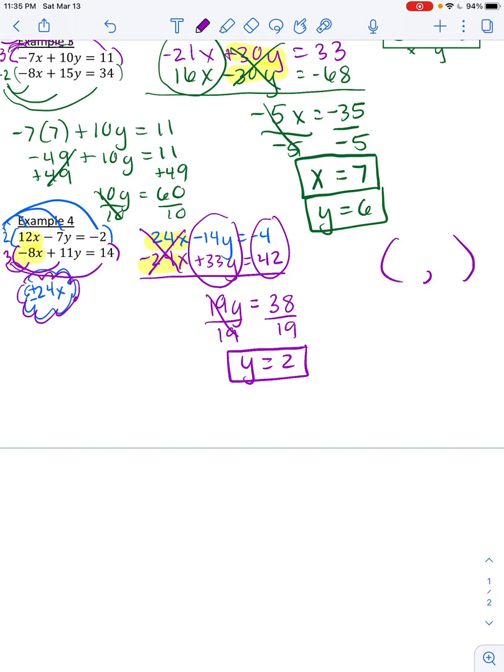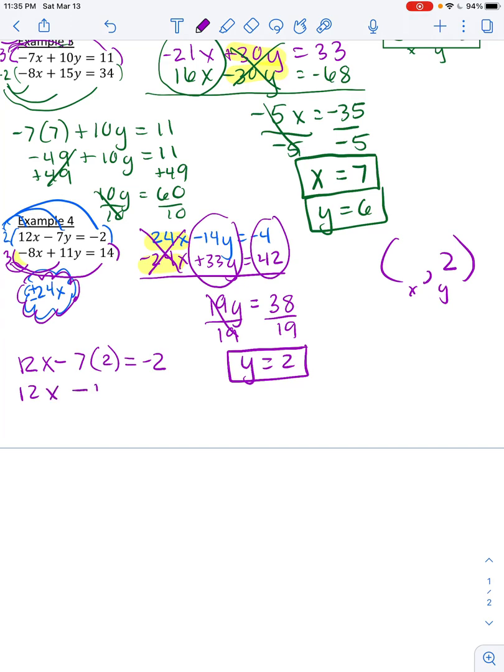So in this particular problem, I found y first, and I'm going to use it to find x. Go back, use either of your original problems. Both look kind of messy. Let's just put them in the top one. 12x minus 7 times y equals negative 2. Solve for x.